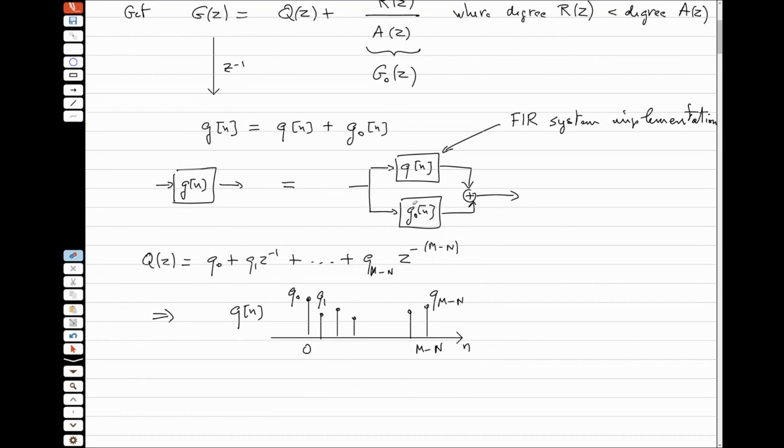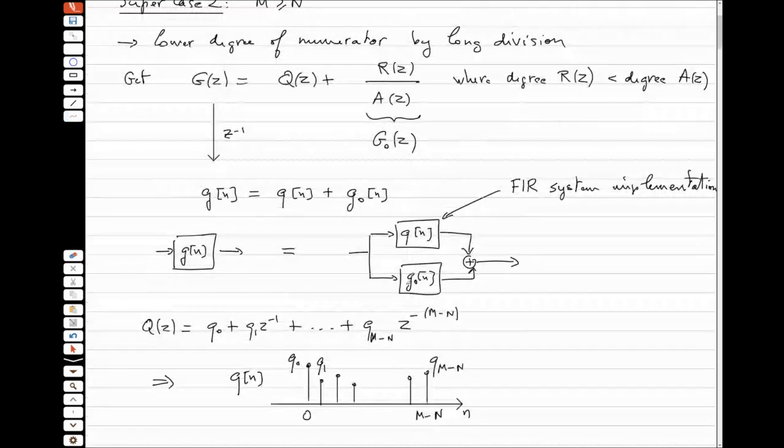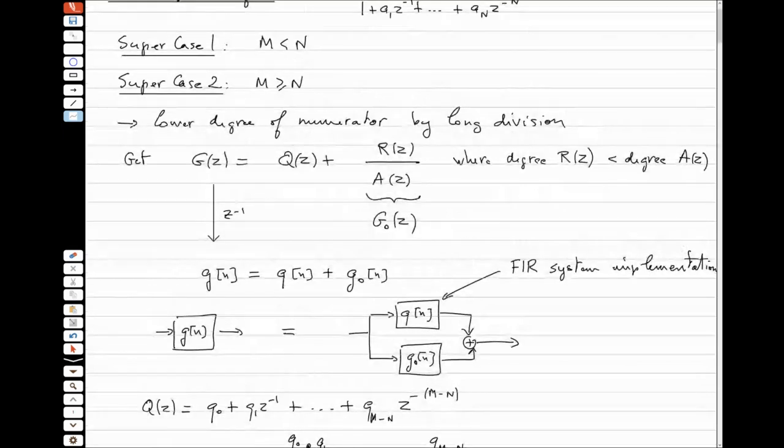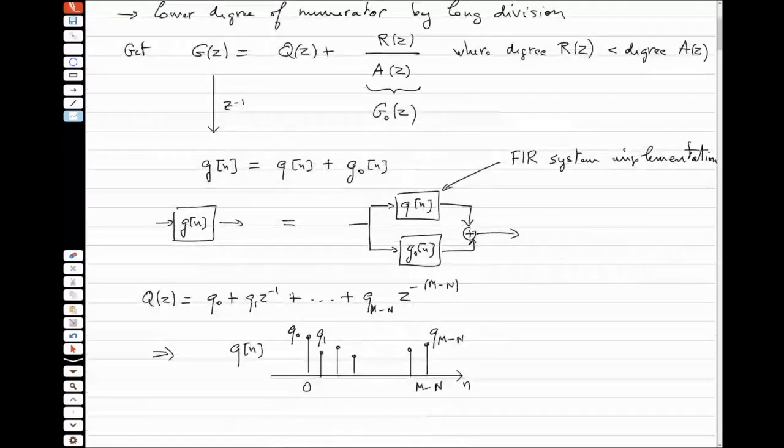Meanwhile, this subsystem has transfer function g naught of z that satisfies super case 1, because the degree of the numerator is less than the degree of denominator, and we saw in this case how you perform parallel form of this transfer function.